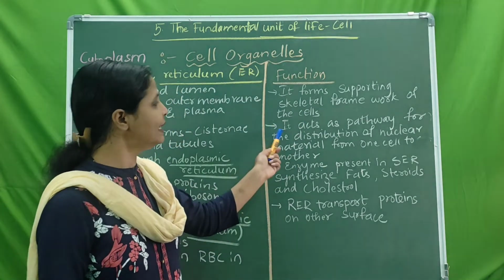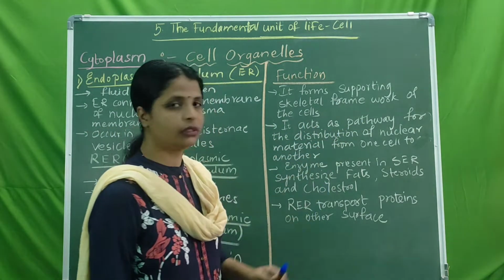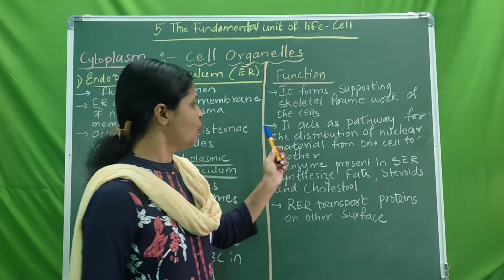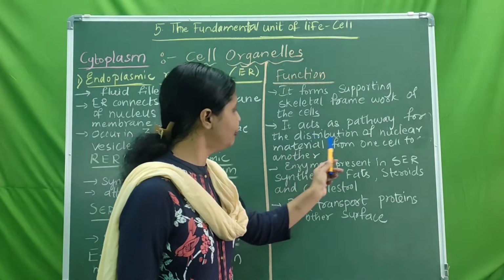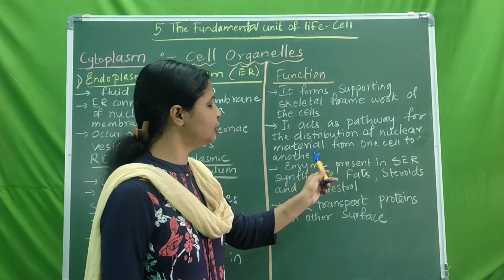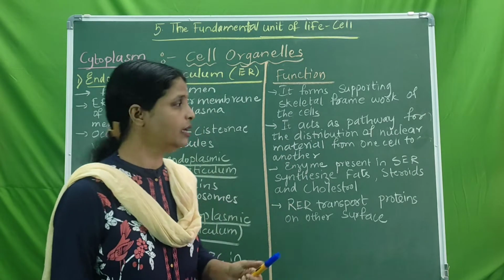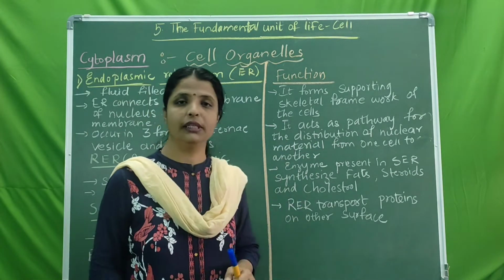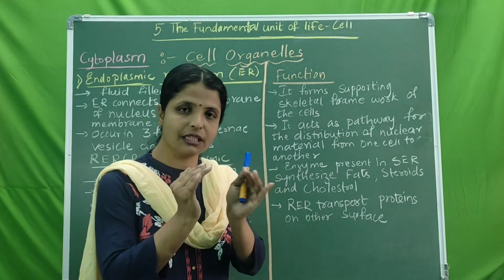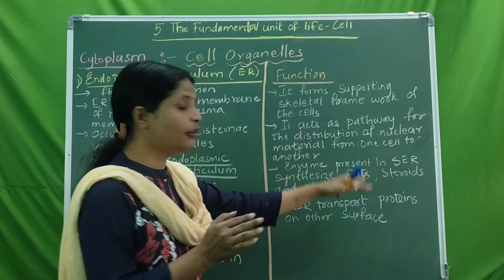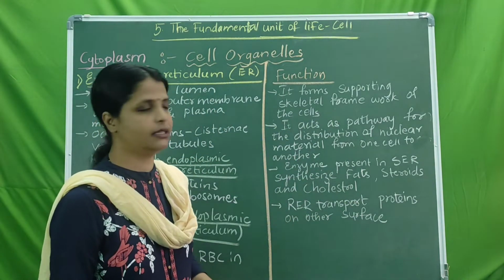Second one, it acts as a pathway. It is a way where the distribution of nuclear material from one cell to another is taken. So materials pass from the nucleus of one cell to another cell.